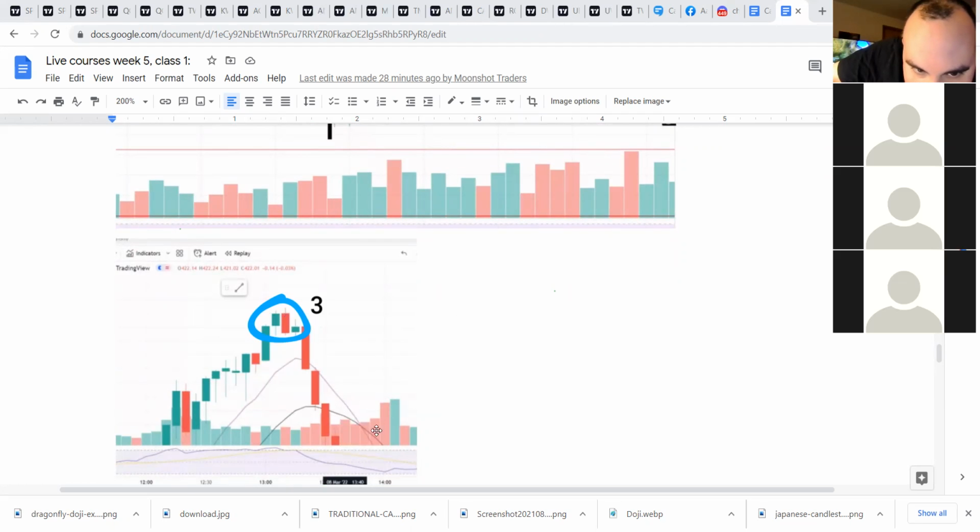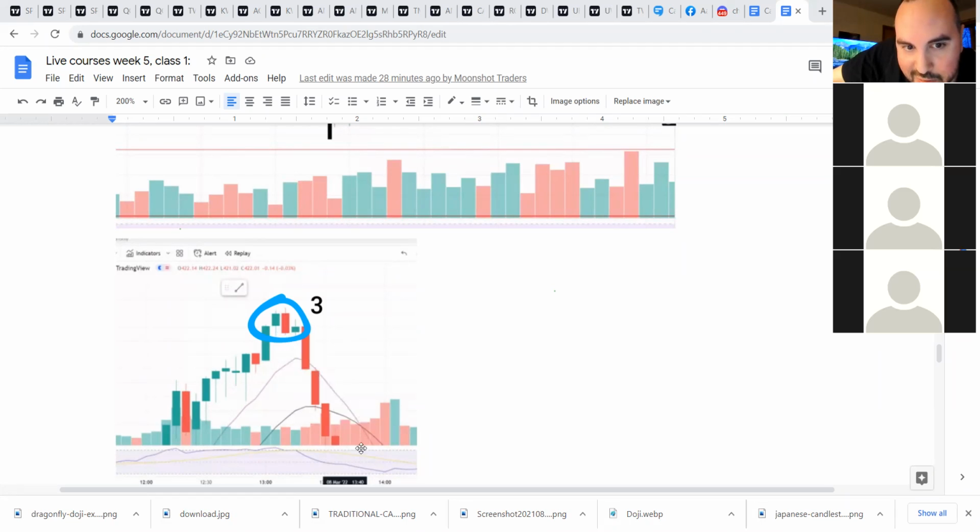What is this, guys? What is this right here? This little crossing. Yep. Good job, Megan. It's a bear cross or a death cross. And that's obviously bearish, and see, it's a lagging indicator, guys. So yeah, the downtrend has already started.